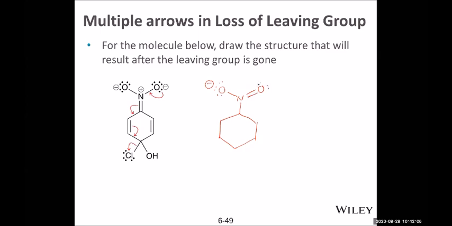And then also the oxygen, since electrons are leaving the oxygen's negative charge, the oxygen becomes one less negative charge, or one more positive charge, and becomes neutral. So after the arrow moving, this oxygen becomes neutral. And you look at the double bond, now the arrow is moving out of the double bond.